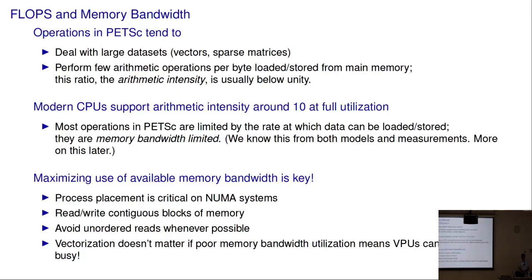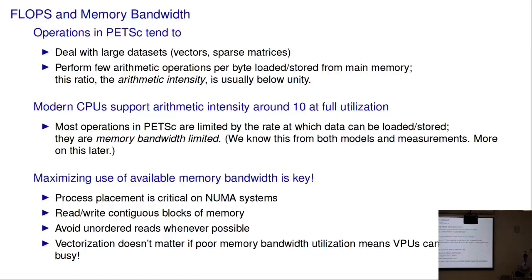Modern CPUs at full utilization really want an arithmetic intensity around 10. Of course, we're memory bandwidth limited in PETSc, and I'll talk about how we know this later in the talk. So the primary consideration when you're trying to optimize your PETSc code is just maximizing the use of the available bandwidth.